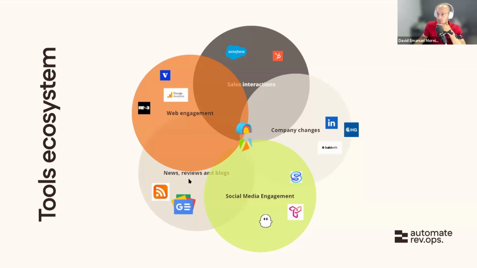Another category is news, reviews, and blogs. You can create a trigger based on any blog that publishes information like new product launches, like Product Hunt. You can extract their RSS feed into Clay and use that as a trigger.